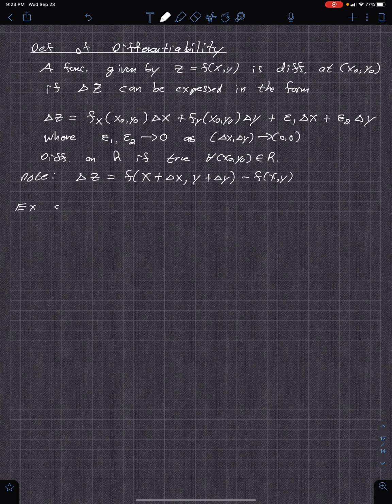Okay, so show that f of x, y equal to y squared plus 4x is differentiable at every point in the xy plane.